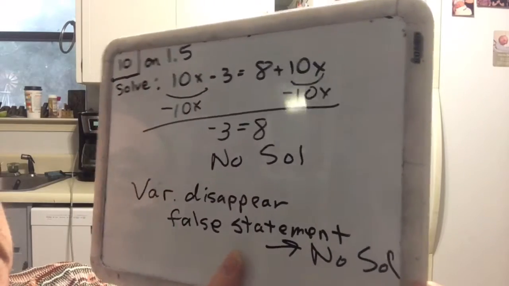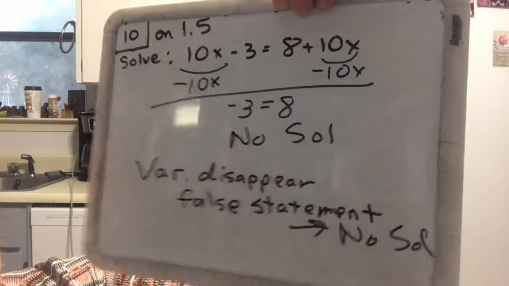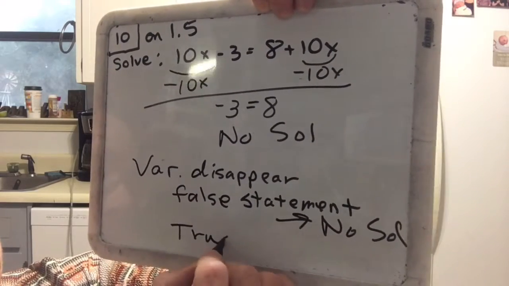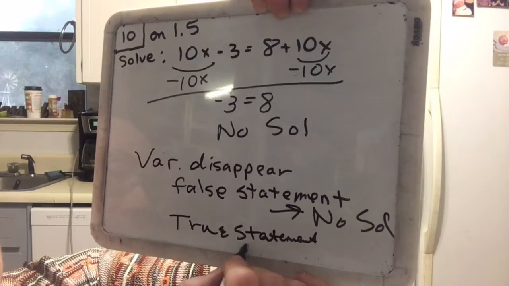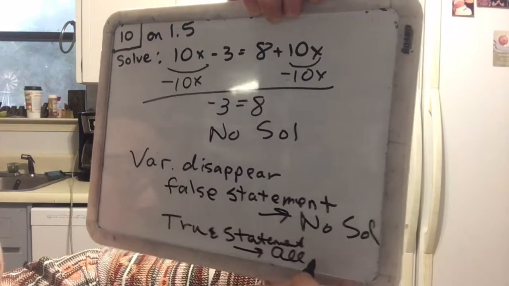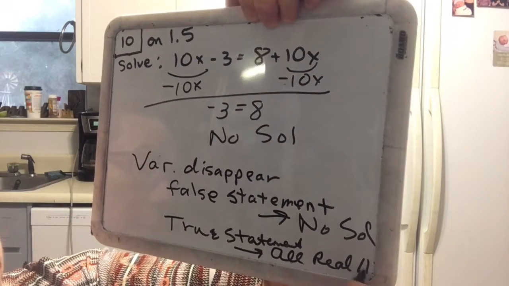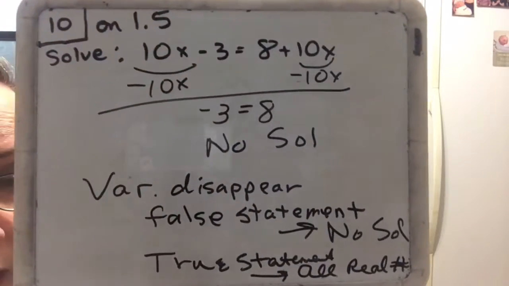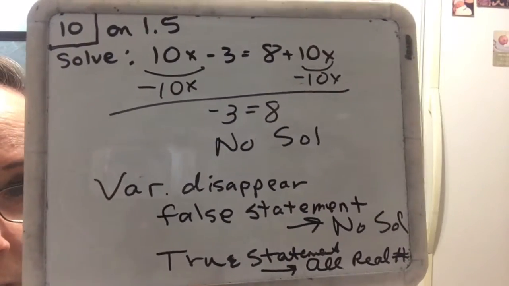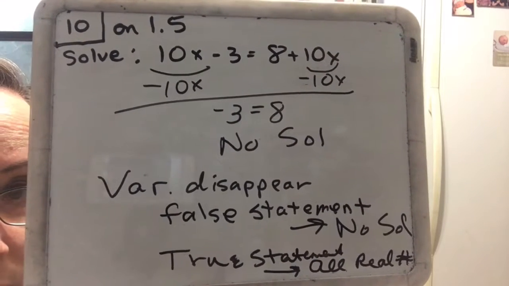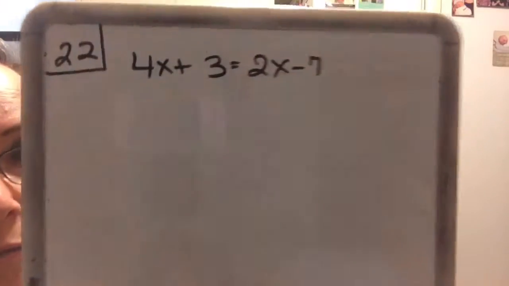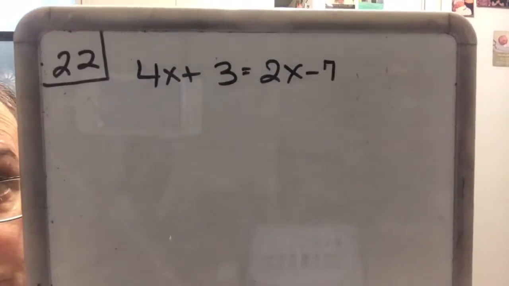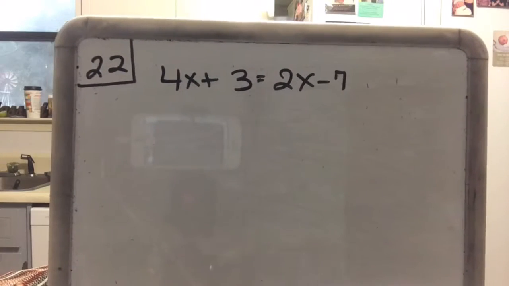Now, if our variables disappear and we're left with a true statement, then we would have our solution be all real numbers. So those are our two special cases, and this is an example of a special case problem. We have no solution because we were left with a false statement. That is number 10.